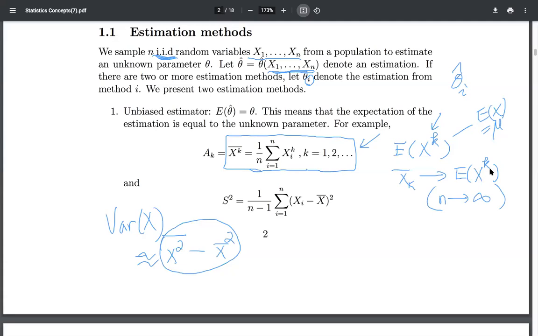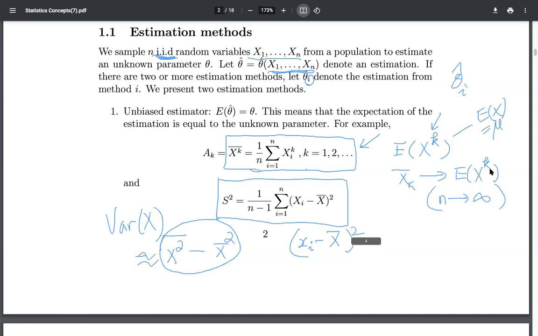So the better way to do it is this for variance. We take x i minus x bar, where x bar is the average value, and then take the square.